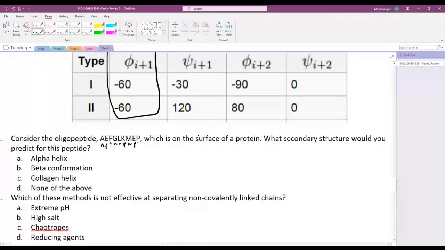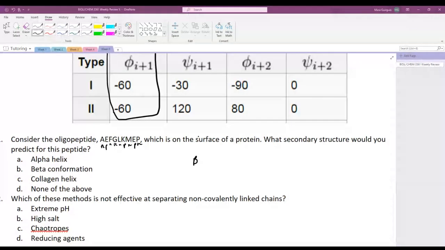Glutamate, once again, polar, and proline, non-polar. So what I'm going to do first is see, is there a trend of them alternating polar, non-polar, polar, non-polar? Because that could tell me that I have a beta sheet of some kind. So kind of, with the exception of glycine, it's non-polar, polar, non-polar, polar, and so on. So beta conformation is possible for this one.